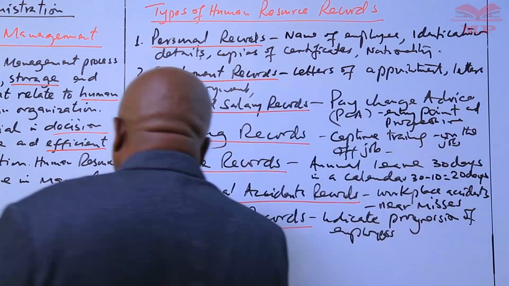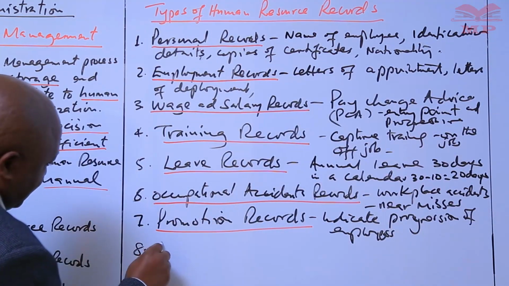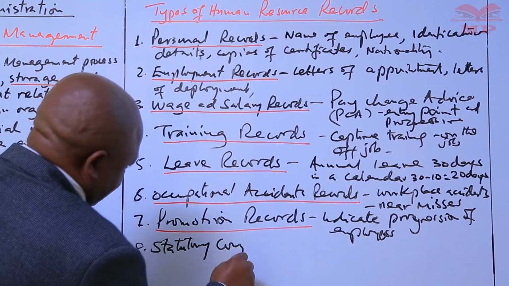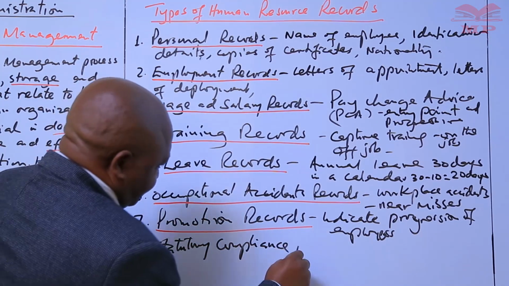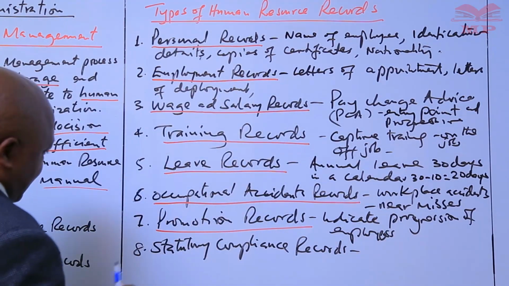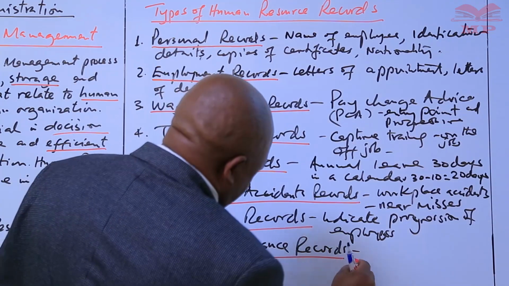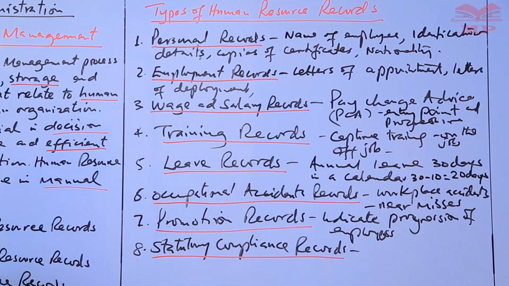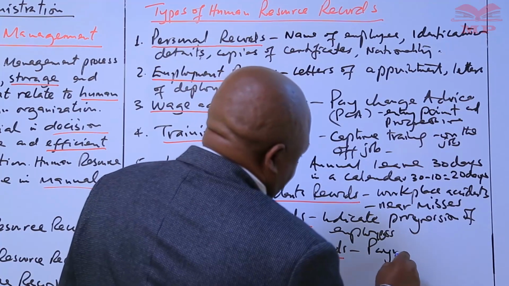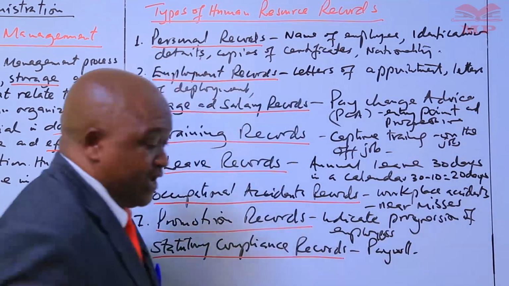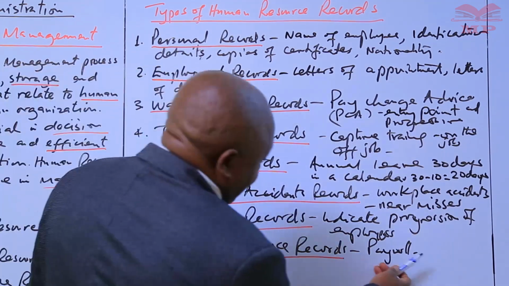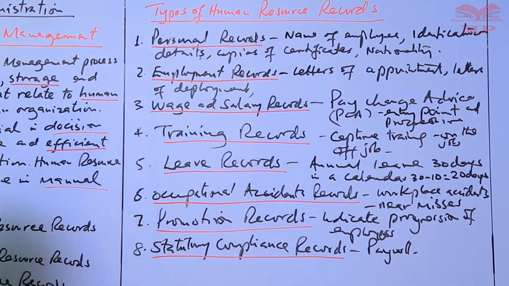Then number 8, you may also have what you call statutory compliance records. Now, for example, when it comes to the payroll, it is a requirement that organizations maintain a copy of the payroll permanently.